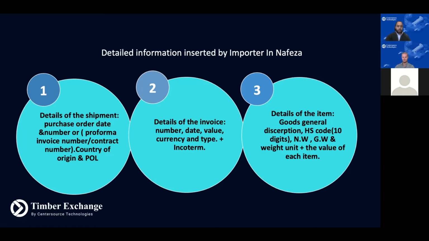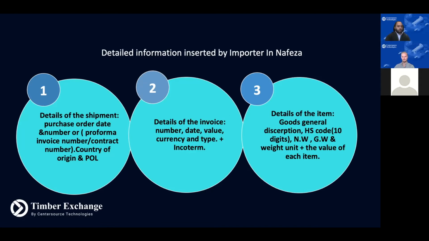The third is detailed information about the items. We give a general description of the cargo, the HS code. It is the 10 digits. It's very important to realize this piece of information, because normally we use the 6 digits, which is the international digits, but in Egypt, they need as well the 4 added digits for the local tariff.